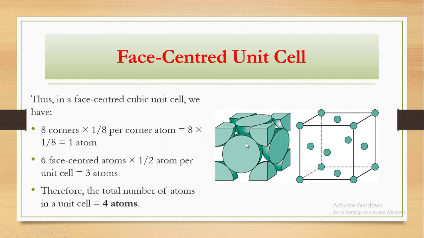As you can see here, it will contribute only 1/2 atom per unit cell. Since there are 6 such atoms, from 6 face-centered atoms, half an atom per unit cell will be contributed, which will give a total of 3 atoms. Thus, the total number of atoms per unit cell in a face-centered unit cell will be 4.